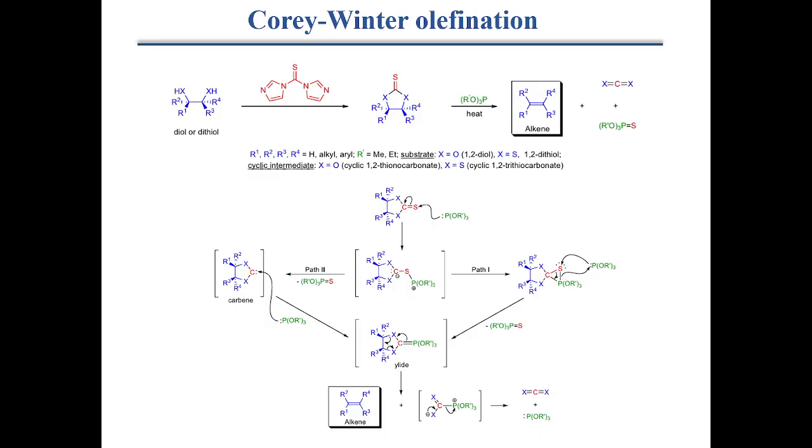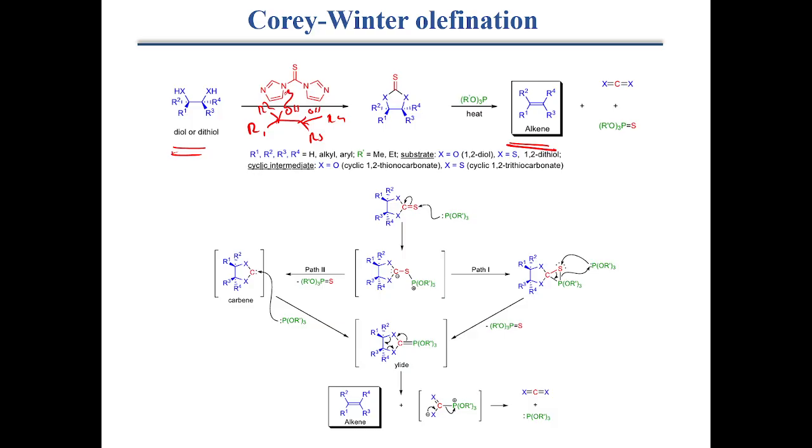So now I am going to discuss the Corey-Winter olefination reaction. In these cases, a diol in the presence of thiocarbonyldiimidazole and phosphite gives this alkene. So what is the mechanism here? First, if we are using a diol such as R1, R2, R3, R, this one.